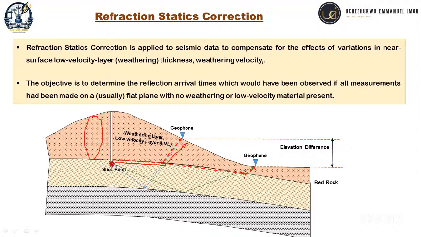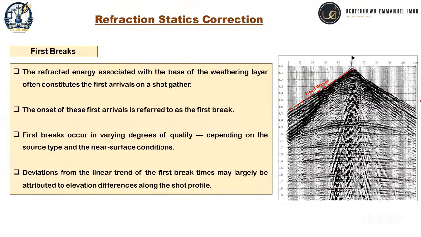The refracted waves are also known as head waves. They are the first waves you see on top of the seismic data, as shown on the red line on this shot gather. This first black event on the data is your first break. They are the refracted waves, and they arrive faster than the reflected waves to the receivers.